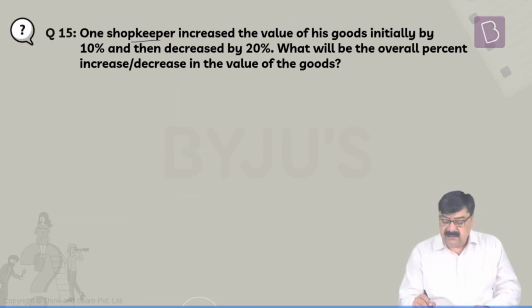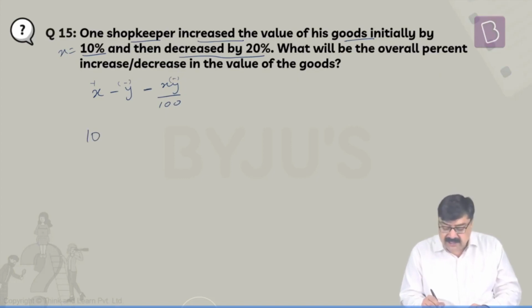One shopkeeper increased the value of his goods initially by 10%. So x here is 10%, it is positive because there is an increase, and then decreased by 20%, y is negative. So it shall become x minus y minus xy by 100. X here is positive, y here is negative anyhow, and because y is negative, we are getting this as minus xy.